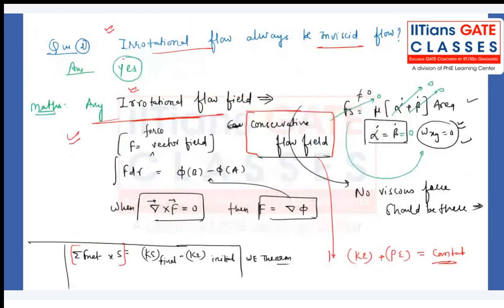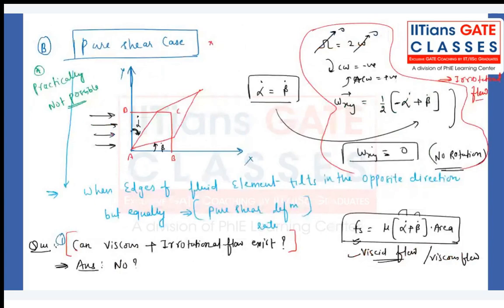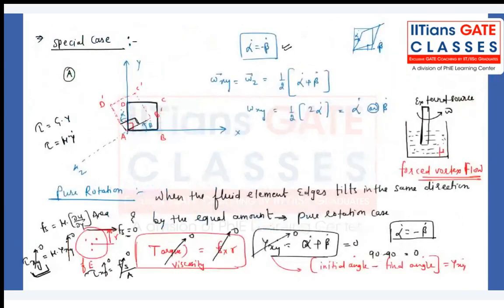Now, the third question will be whether inviscid flow will always be irrotational flow. Whether inviscid flow, that viscous force is zero, will always be irrotational flow. No, because we have discussed one case. What is that? Even though viscous force is zero, that is the inviscid flow, right?